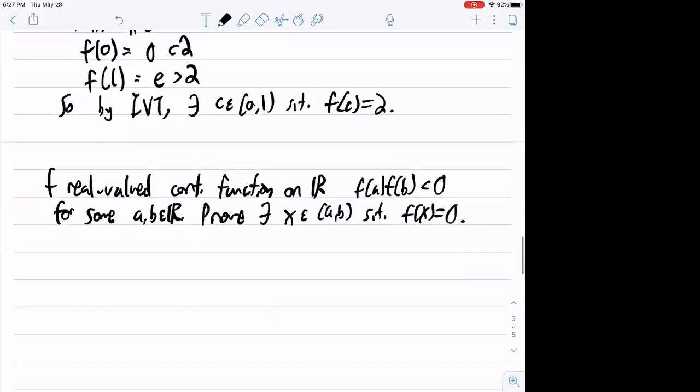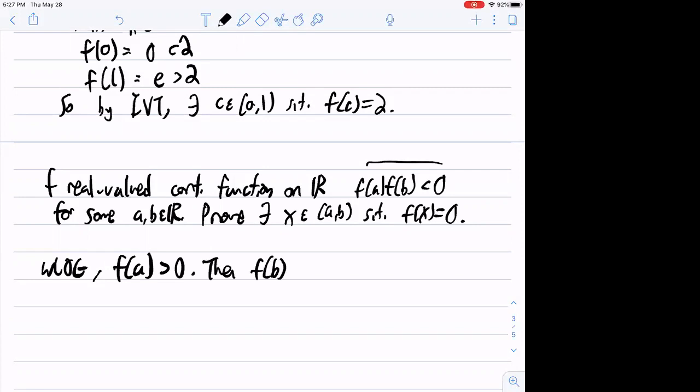So you can say, without loss of generality, f of A is positive. It can't be 0, because if it's 0, the product is not less than 0. So if f of A is positive, then f of B is negative, otherwise their product would not be negative.